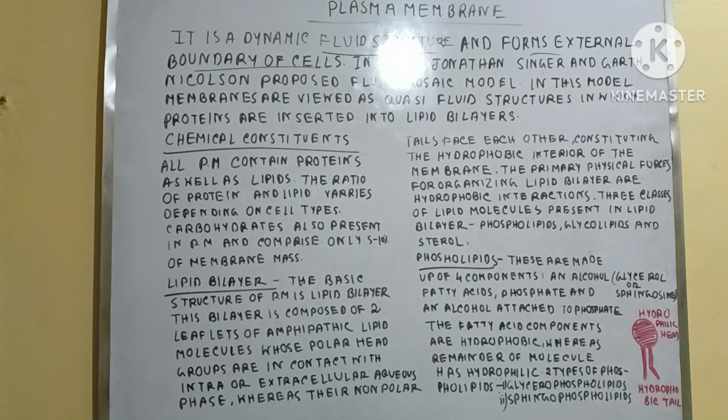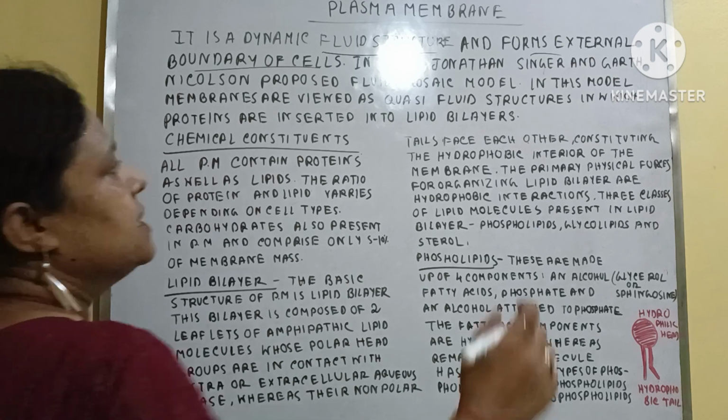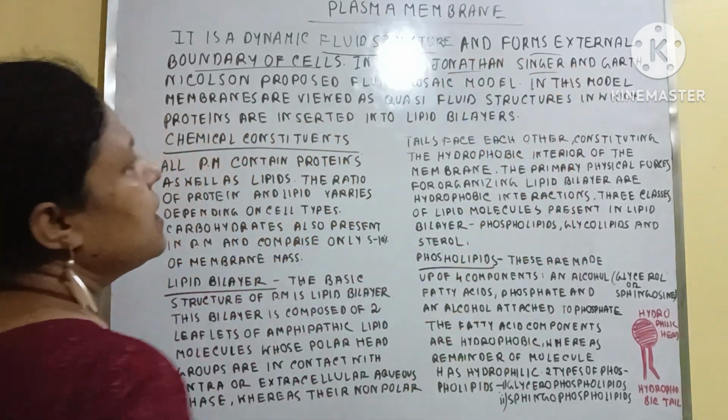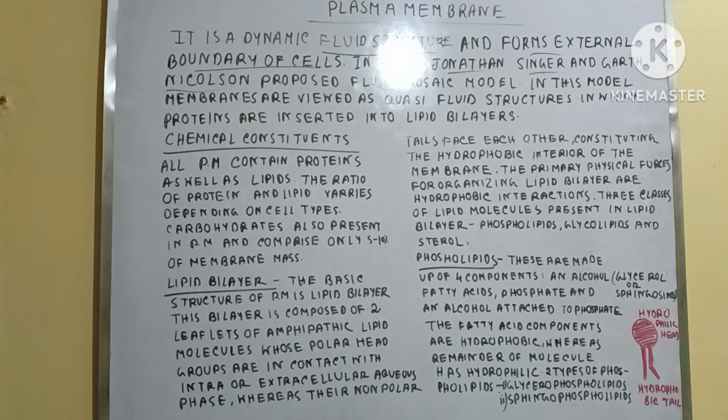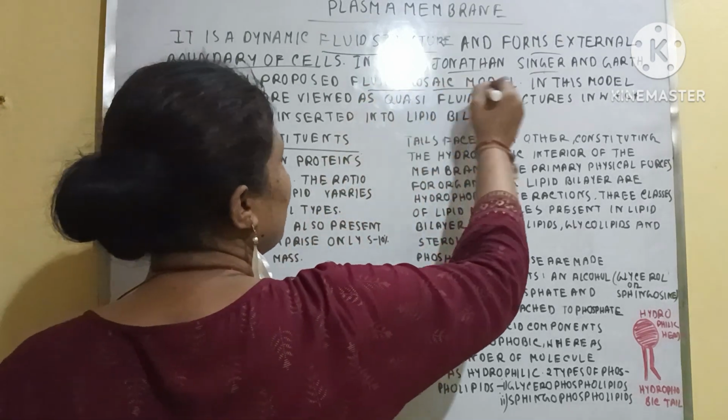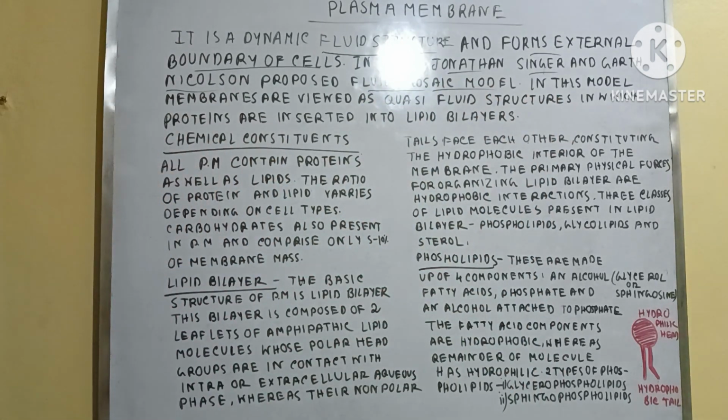In 1972, Jonathan Singer and Garth Nicolson, those two scientists, proposed the fluid mosaic model. That means they proposed that the structure of the plasma membrane is like a fluid mosaic model.